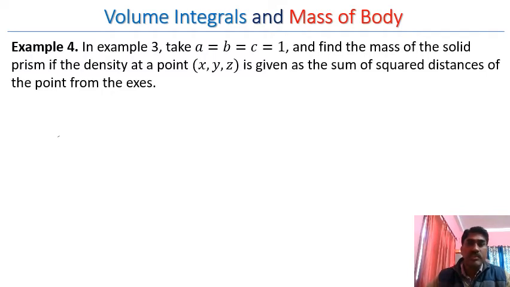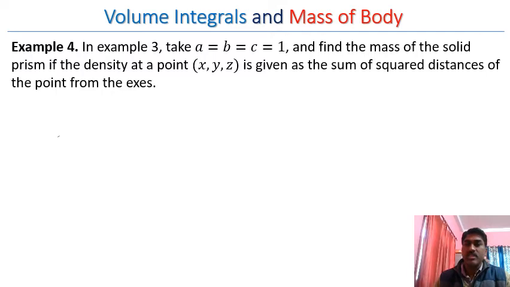So this question says in example 3, means previous example, take a is equal to b is equal to c is equal to 1 and find the mass of the solid prism if the density at a point is given as the sum of squared distances of the point from the axis.